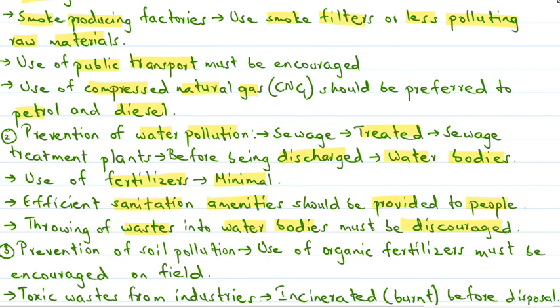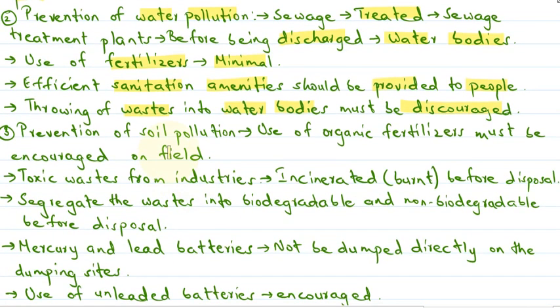Then we also talked about the prevention of soil pollution. So how to prevent soil pollution? The use of organic fertilizers must be encouraged on fields instead of chemical fertilizers. Then toxic waste that arises from industries must be incinerated, which means burned, before it is disposed.